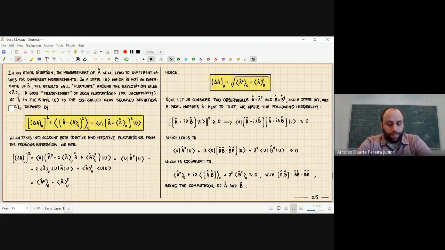So the result of the measurement that you obtain differs from the result of the expectation value. The expectation value is a fixed number. If I give you a state and I give you an observable, you can compute the expectation value of this observable in this state. And this is just a fixed number. But the result of the measurement can change because every time you perform the experiment, you get a different outcome.